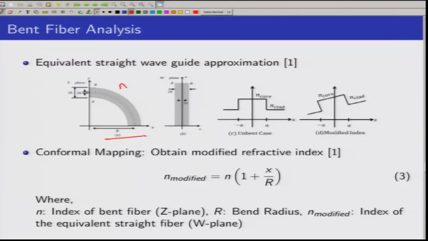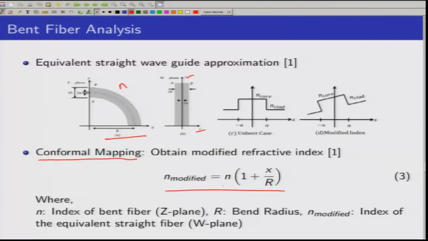Now, we are going to map this optical fiber into an equivalent straight waveguide in a new coordinate system, the u v coordinate system. In this coordinate system, we have an equivalent straight waveguide, and we obtain the refractive index of this equivalent straight waveguide by following a technique called conformal mapping. When we do that, we obtain the modified refractive index given by equation 3, which is n into 1 plus x by R.